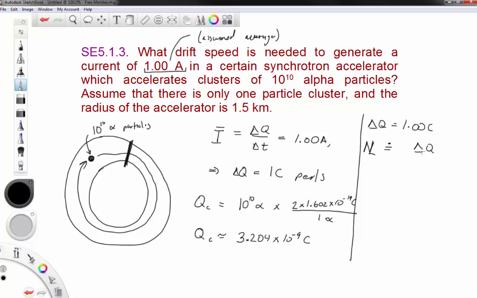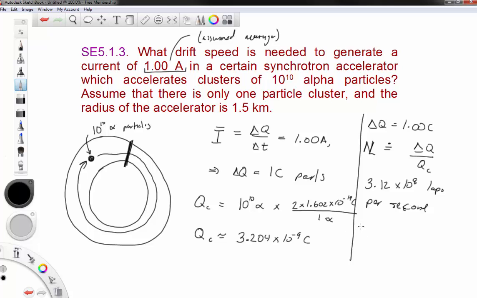So it's going to be delta Q over Q cluster. That tells us how many times the cluster has to go through this point in order to get this charge in a second, or in any amount of time. So what does this look like? Well, this is basically 3.12 times 10 to the 8 laps, and this has to happen per second.